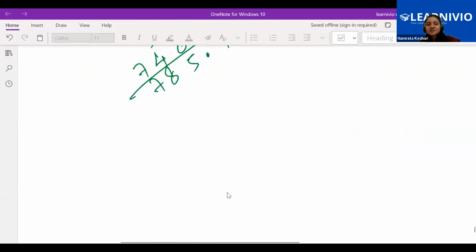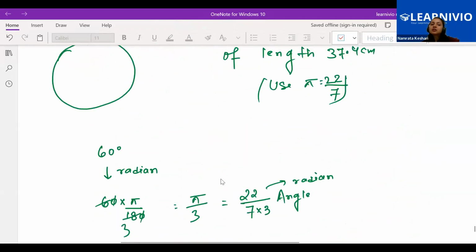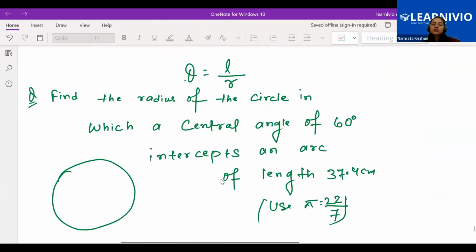Okay, ma'am, be careful. Let's do the next question. See, this is how we got the radius. Here we have a formula based question: theta is equal to L by R. This formula is only applicable when theta is in radian. So whenever we are finding theta from here, we will never write that theta is in degree.